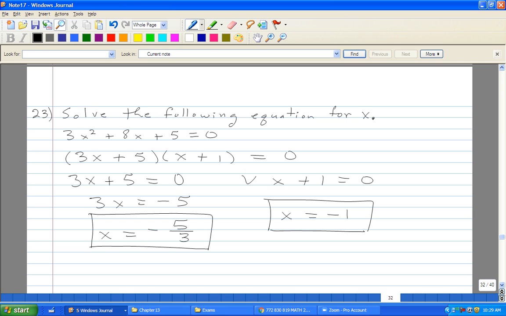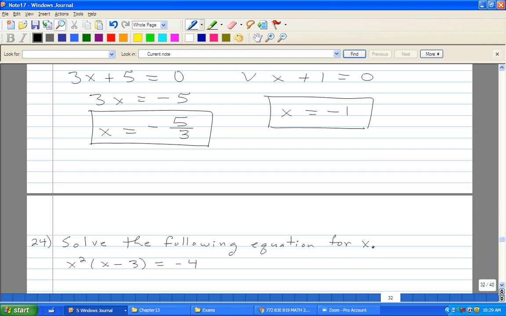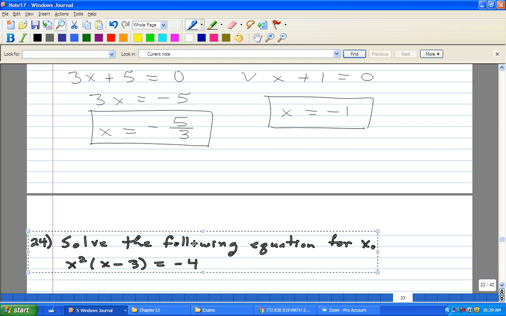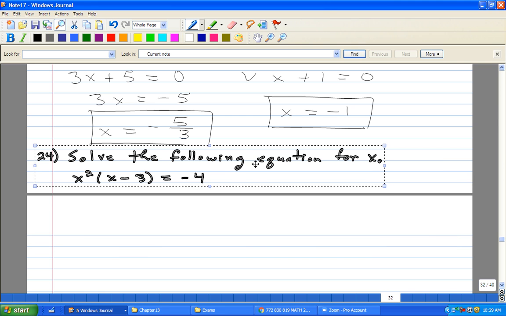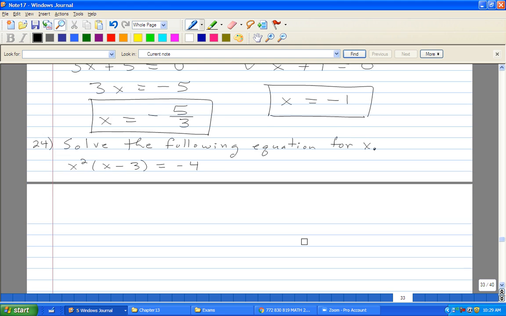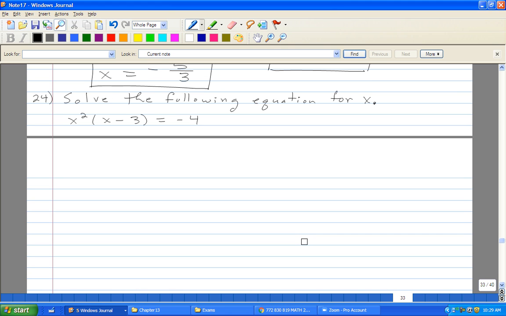Let me do problem number 24. Solve the following. So let's solve the following equation for x. Let me multiply x squared inside the parentheses. So I get x cubed minus 3x squared equals -4. Add 4 to both sides of my equation. Let me factor this by grouping.